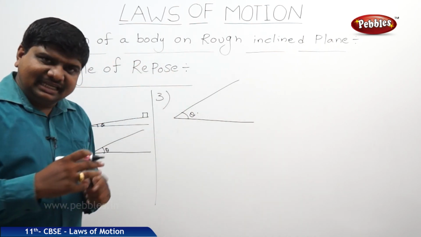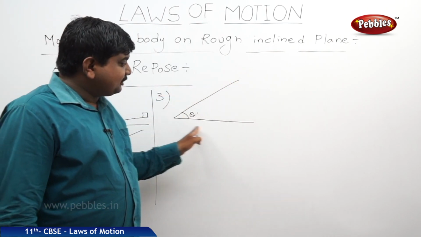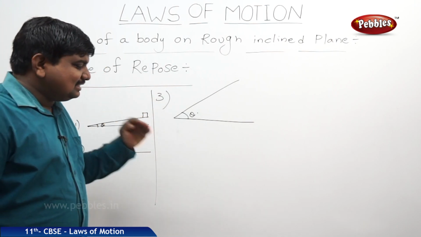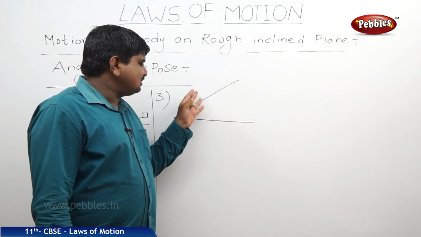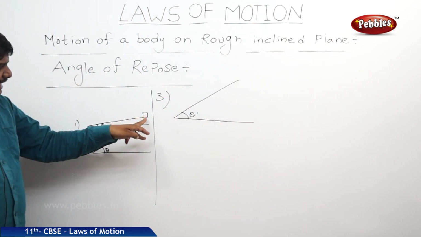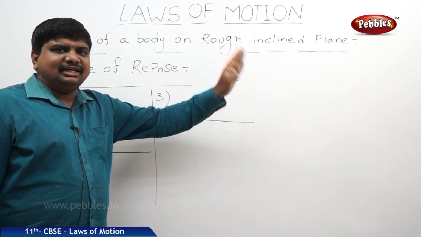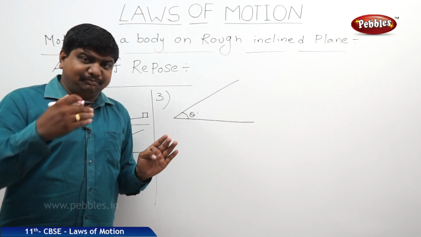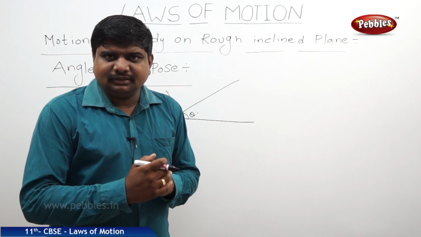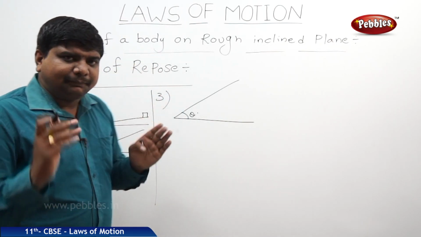So angle of repose is the minimum angle subtended by the inclined plane with respect to the horizontal, where the body's sliding is just about to start. That means if you increase the slope to one particular angle, the body will be just ready to slide. Before that angle, sliding is not possible. So that minimum angle is called the angle of repose.